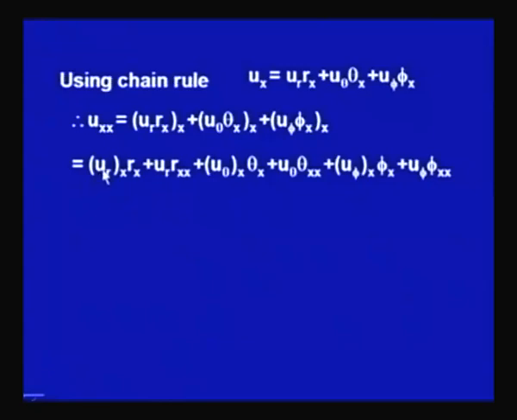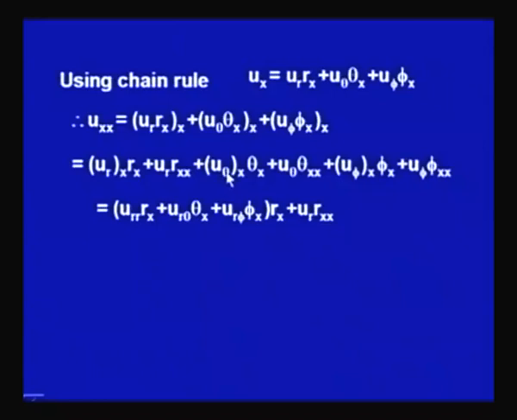Again, for finding the derivative of u r with respect to x, we will use the chain rule, and that says we would get u r r r x plus u r theta theta x plus u r phi phi x. Now, you see I am again using the fact that the order of differentiation can be interchanged. Then this term u r r x x is as such.